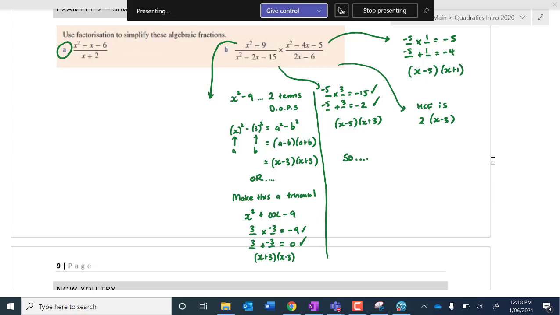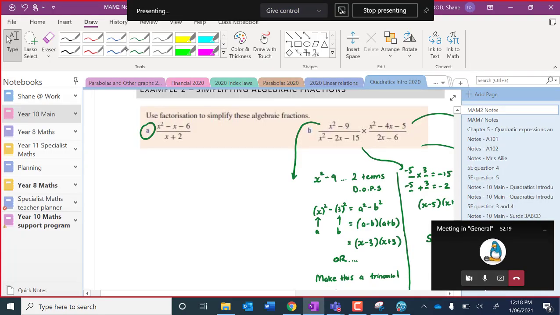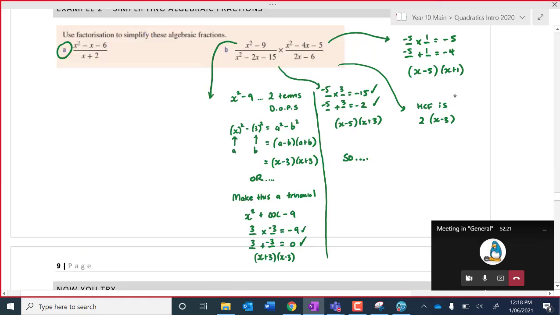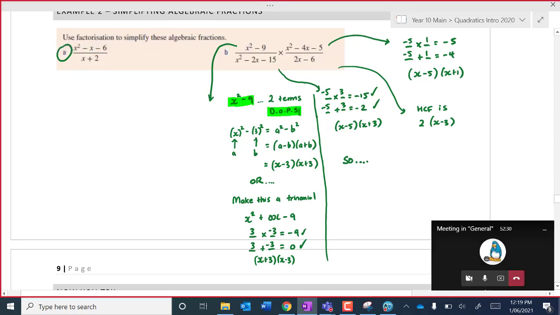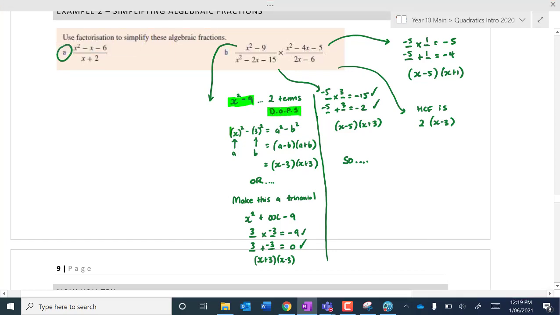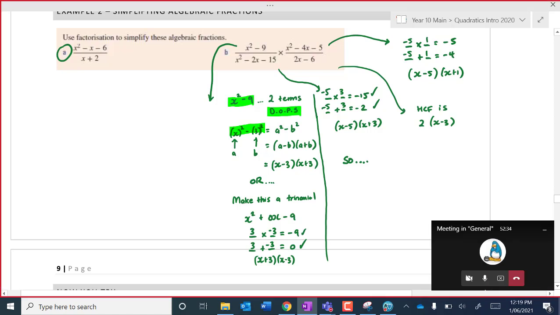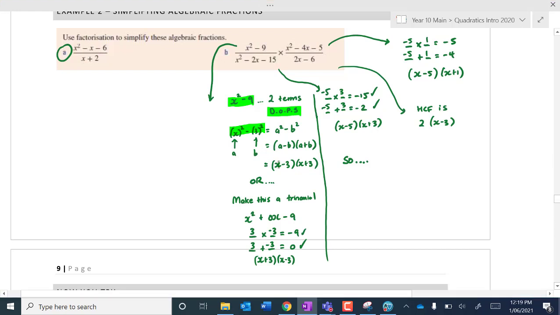All right, so I've broken this down, and as you can see, this is all my working that I've done so far. Over here, for the x squared minus 9, I can do this two ways. First of all, if I see two terms, I can use the difference of perfect squares. So if I set this up as x squared minus 3 squared, then using my difference of perfect squares rule, where a is x and b is 3, that simplifies to x minus 3, x plus 3.